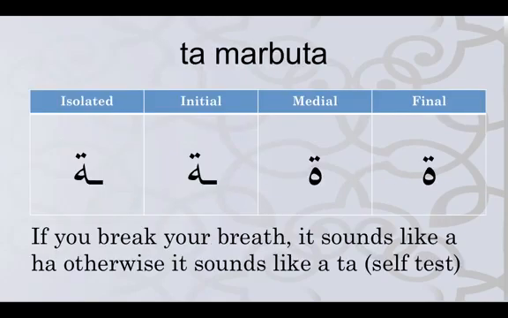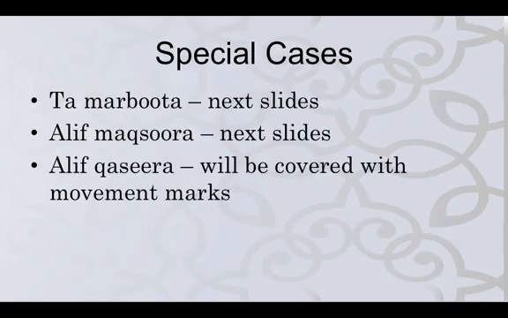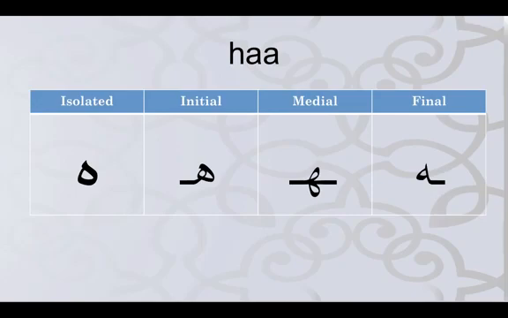So let's get into the ta marbuta. This is a special letter in that it's written like the ha. If you remember, let me go back. Notice that it's written like the initial and medial forms of the ha.